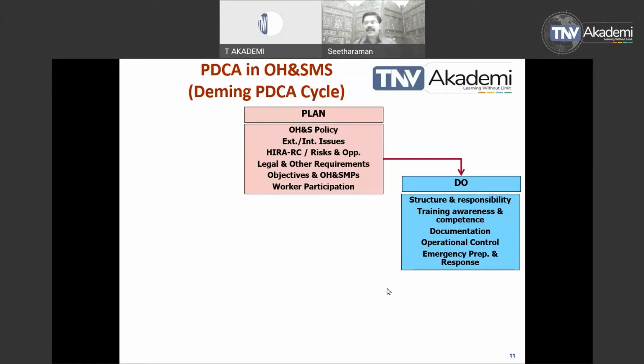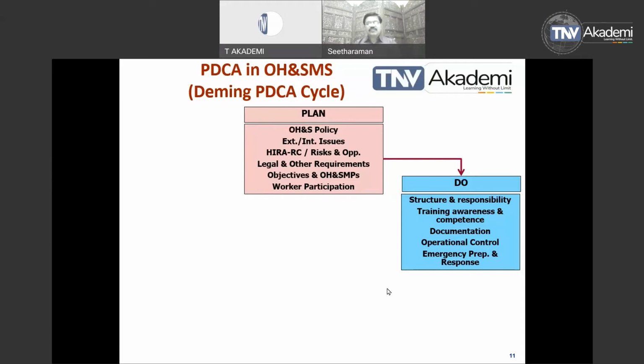Then document everything. As usual, all the ISO management systems insist on documentation for consistent performance of the employees across various shifts and various spheres. Then operational control. Wherever we have found the risk is very high, we need to have operational controls in place so that the risk is mitigated and kept under control. And then we also conduct emergency preparedness and response drills.